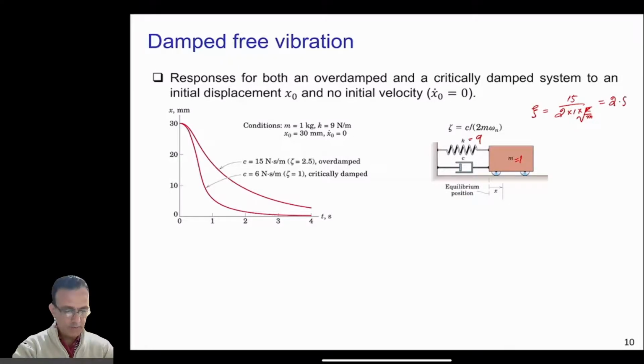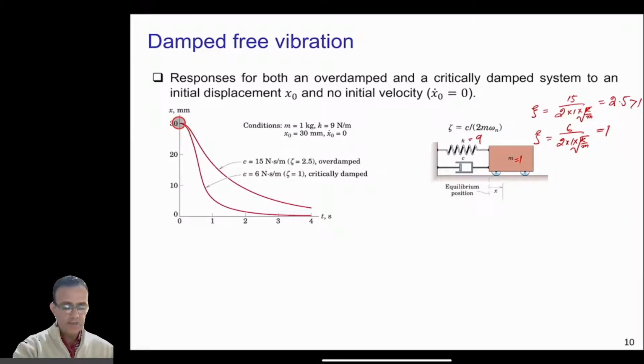That will become 2.5. This means that the system will be overdamped because zeta is greater than 1. And now for the second case, when we use c equal to 6, 2 into 1 into the square root of k divided by m, and then it will become equal to 1.